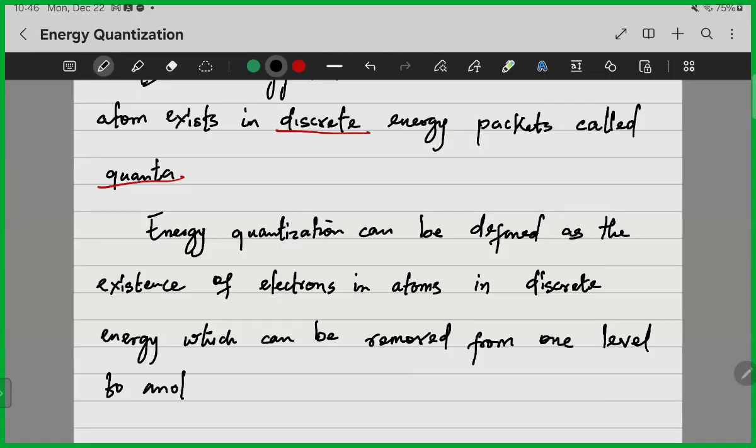So the idea here is that energy exists discretely. We have discrete energy and it can be moved from one level to another.